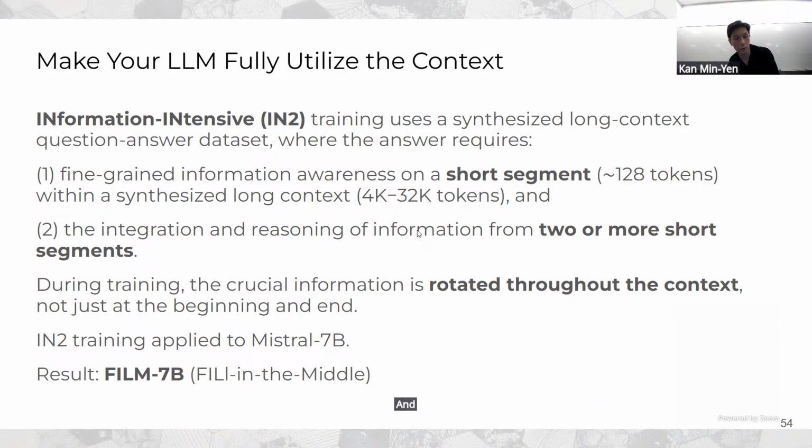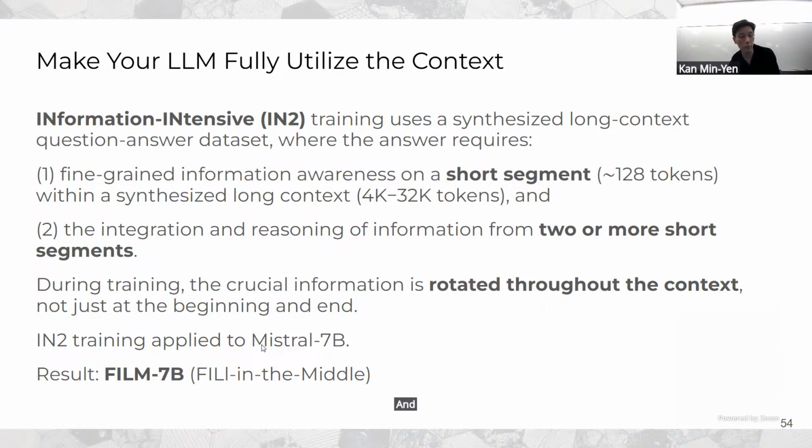And they also do another pass where you have 2 or more short segments that need to be moved over. And so you rotate the relevant chunks throughout the context, and you do fine tuning.